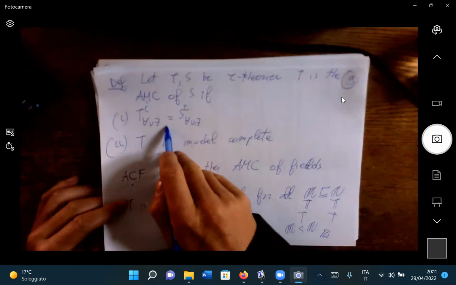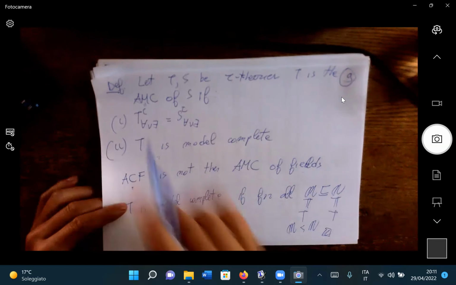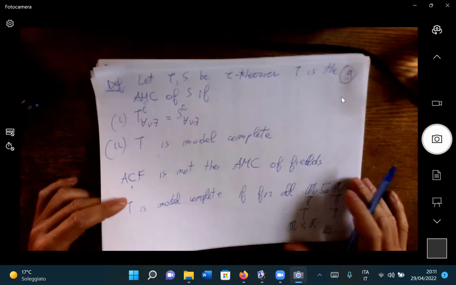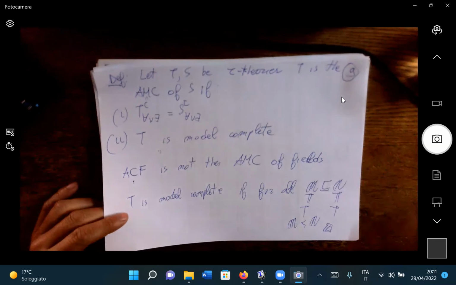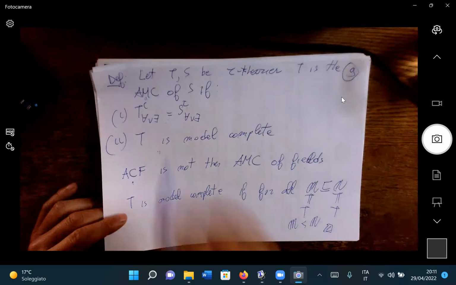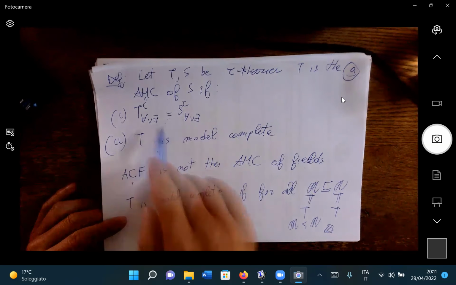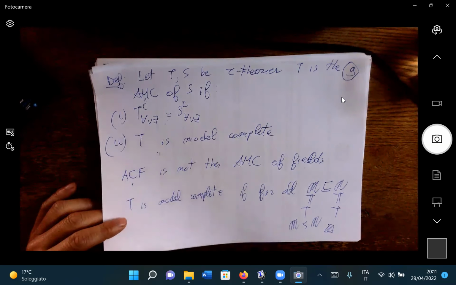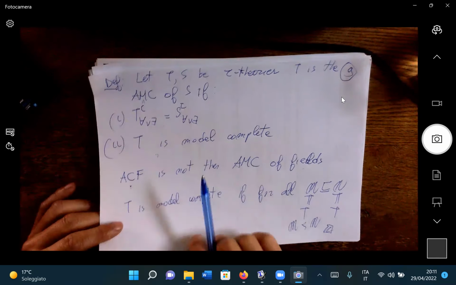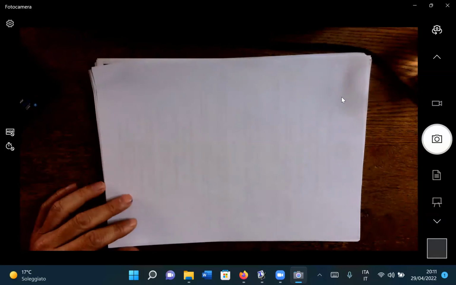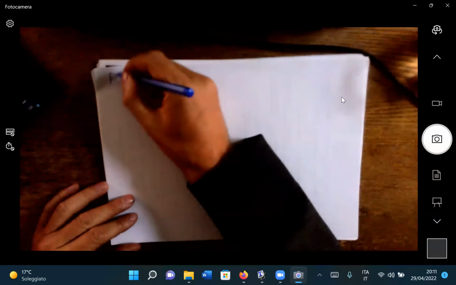So you see we have this equality which replaces the equality for all, and this suggests that there should be some counterpart on the semantic side. What does this equality amount to at the level of bi-embeddability of models of T with models of S? This is the equivalent proposition.